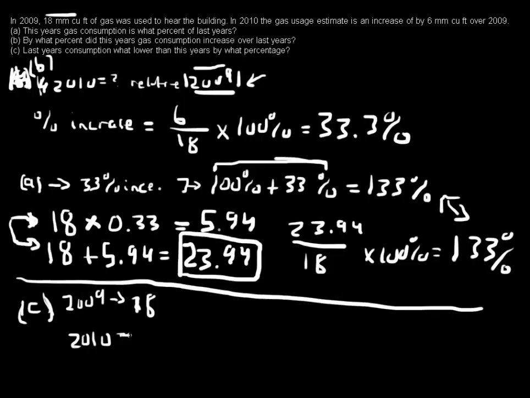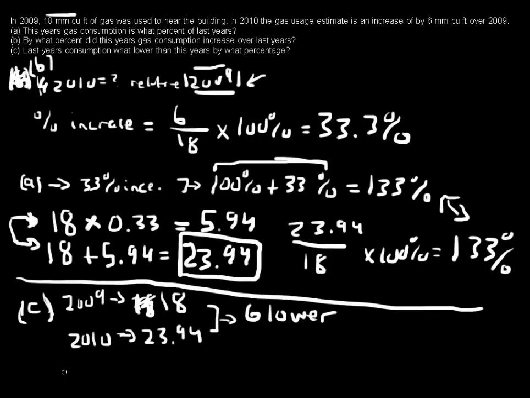This year you use 23.94. So the difference between these two was, of course, 6. So it was 6 lower, 6 whatever units. Just make sure they're always the same units.